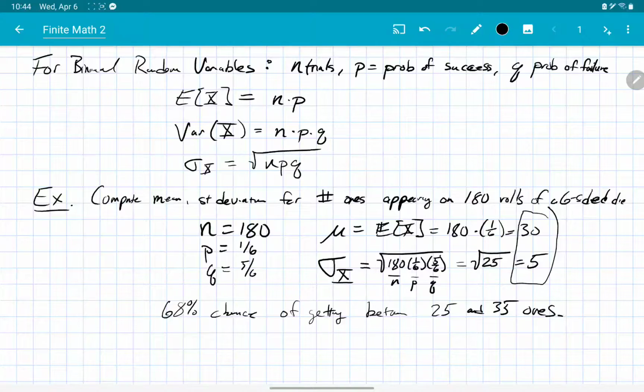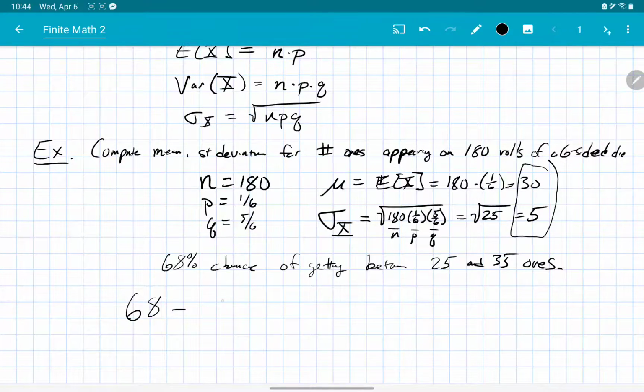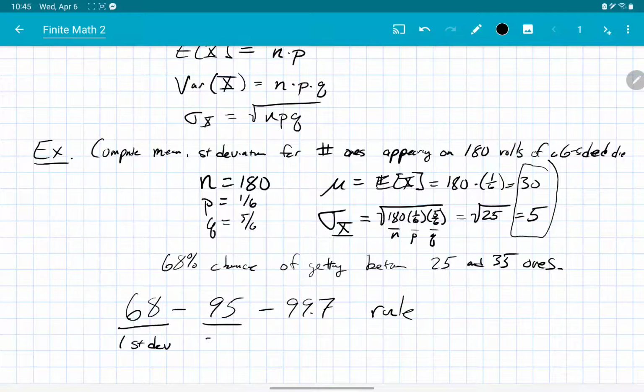So for the standard deviation, there's something called the 68, 95, 99.7 rule. And basically, if you're doing something that has a lot of independent outcomes again and again, like these binomial trials, then 68% of the time you're within one standard deviation. 95% of the time we're within two standard deviations. And 99.7% of the time you're within three standard deviations.